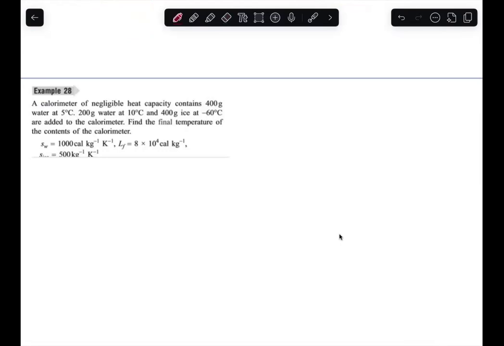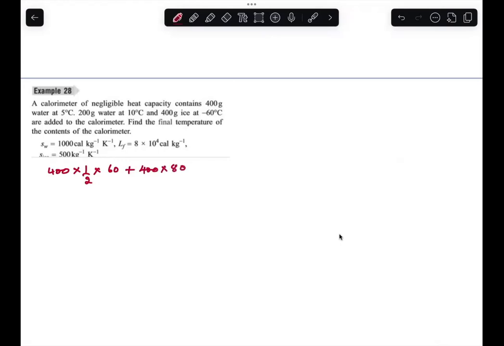See, 400 grams ice is what you have. 400 into specific heat of ice, half, into minus 60 to 0, 60, plus state change, 400 into 80.